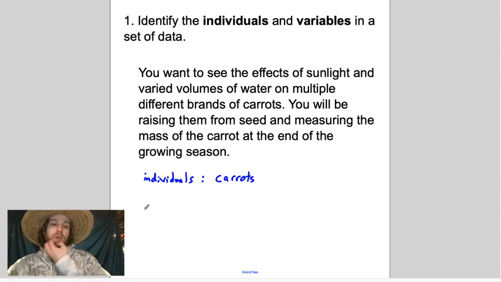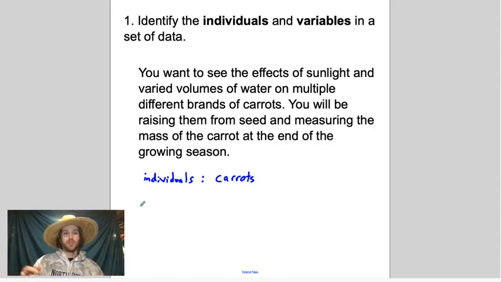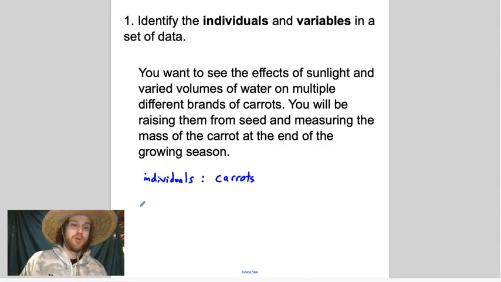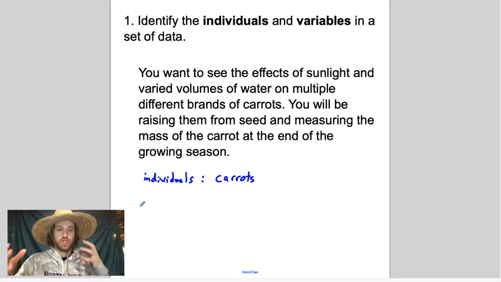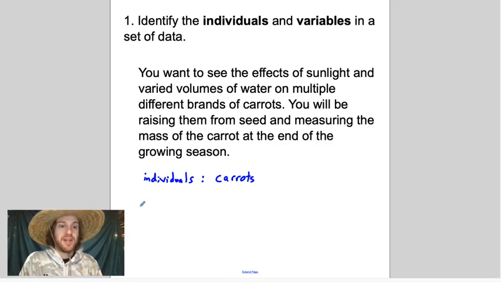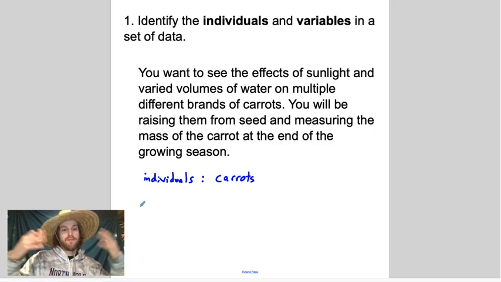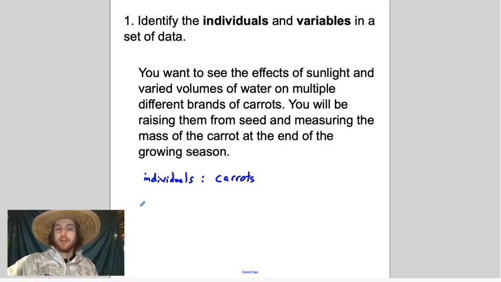Okay, and remember there are two kinds of variables. Variables are something that we can change. We're studying the carrots. The variables are the things that we can change and the things that we are measuring. So in this case, we can change different things, and then that will affect what we're measuring. Remember, there was the explanatory variable.